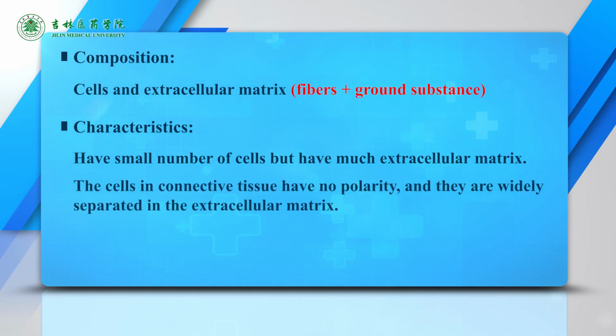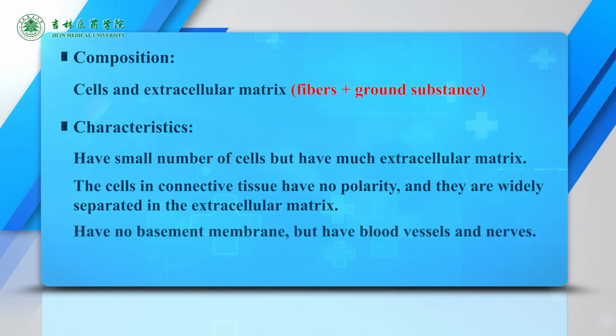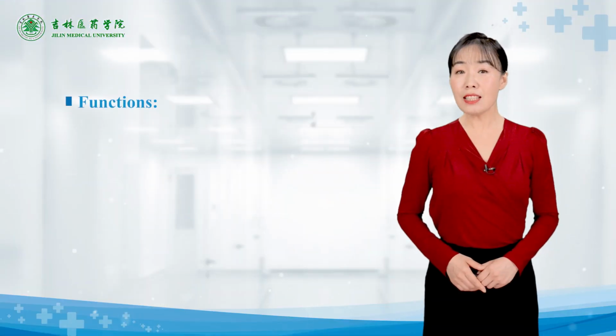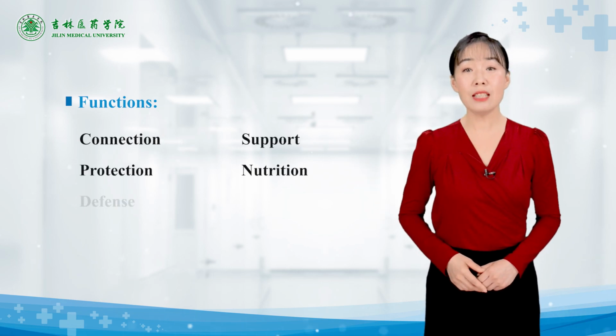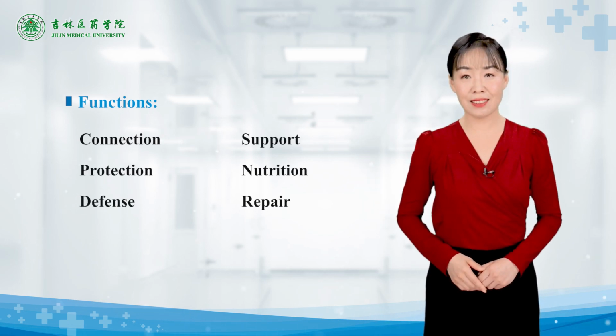The cells in connective tissue have no polarity, and they are widely separated in the extracellular matrix. Have no basal membrane, but have blood vessels and nerves. Functions include connection, support, protection, nutrition, defense, and repair.